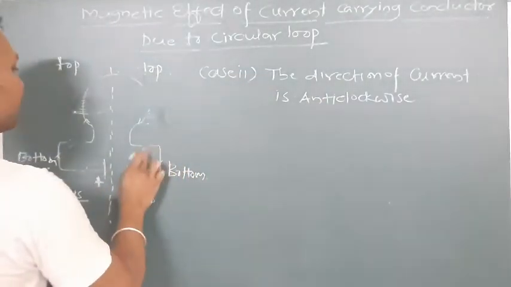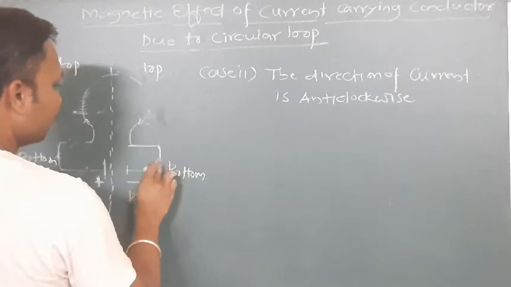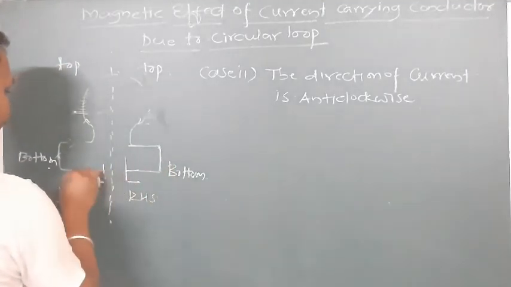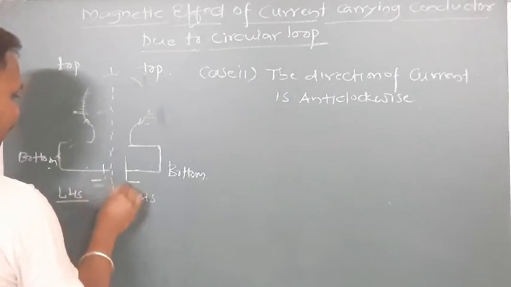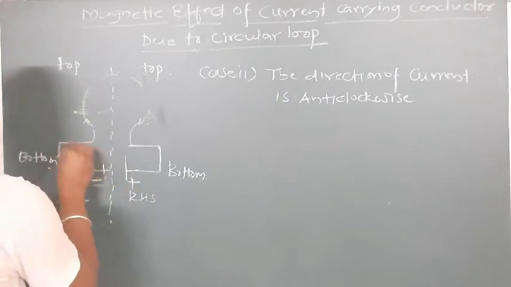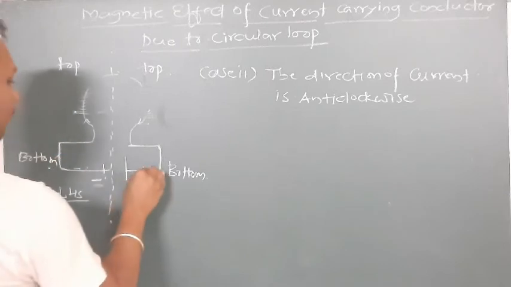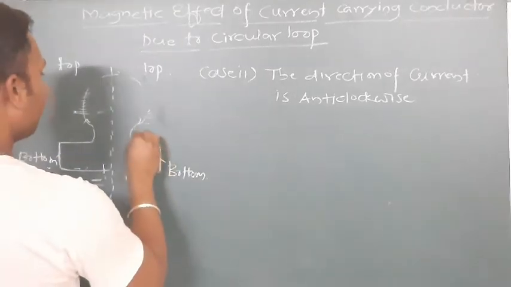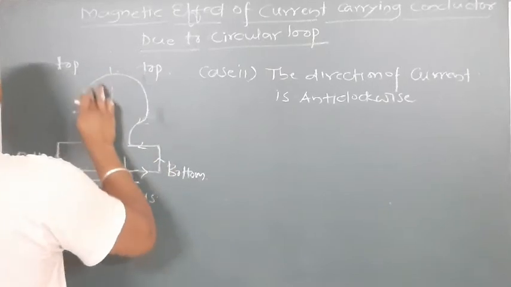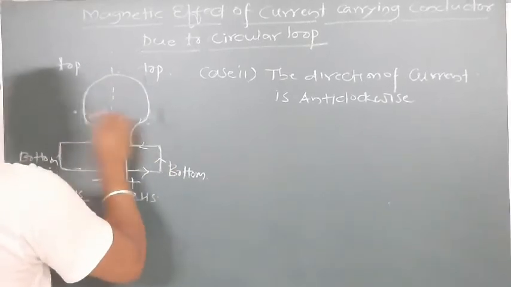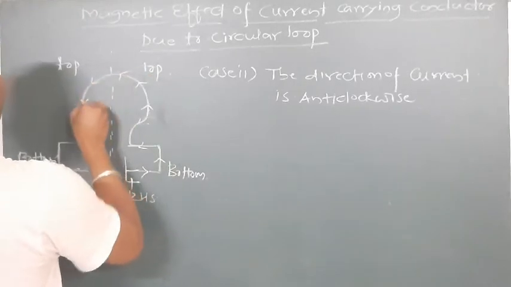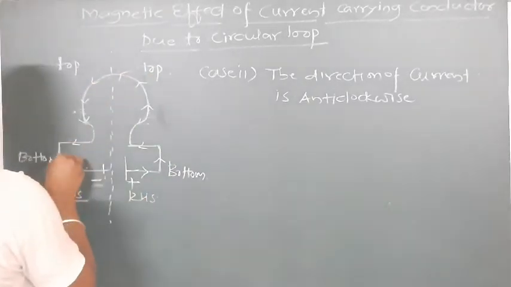So if the direction of current is anti-clockwise, this figure will change, isn't it? Now this is negative, and this is positive now, obviously. Now see, the current is moving like this, so the figure is changed totally because we changed the direction of current.